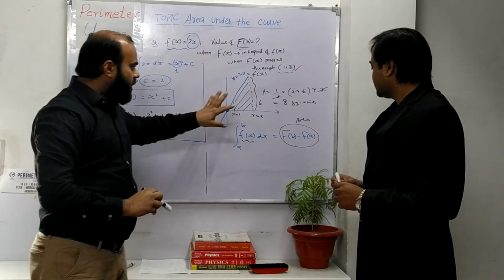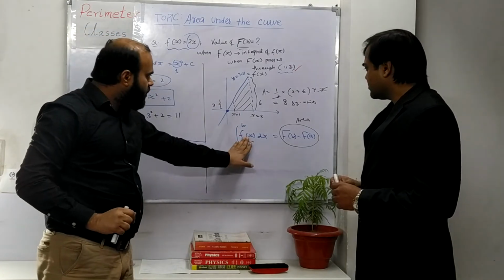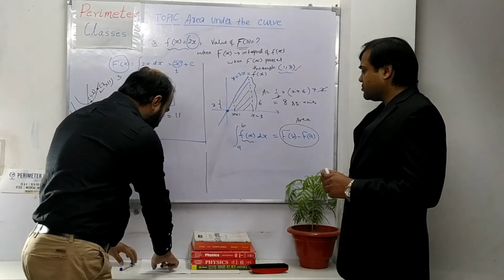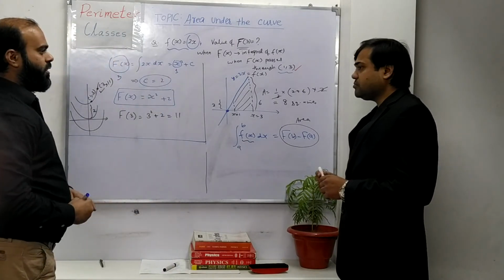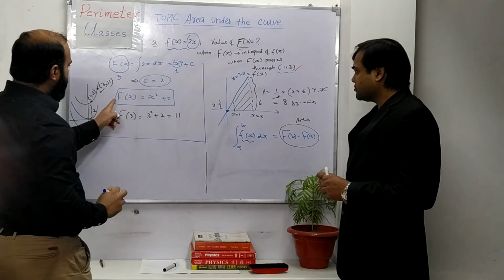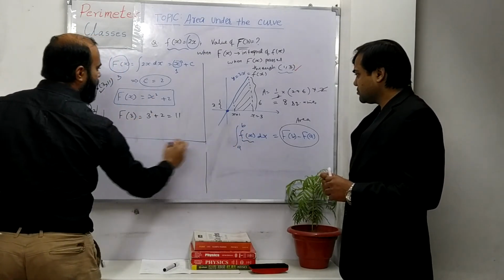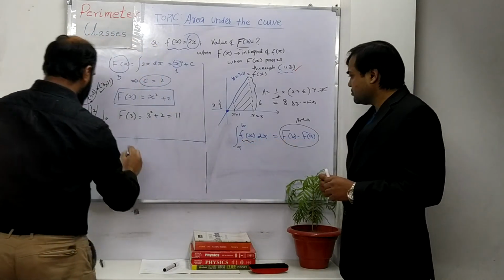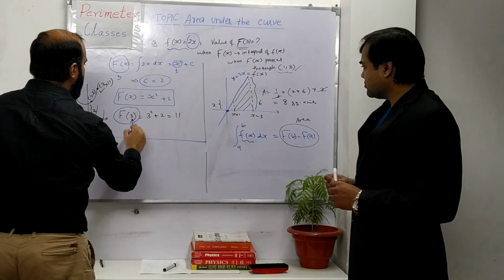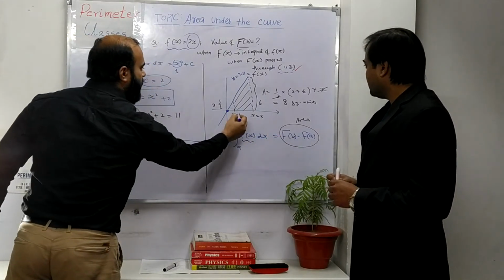So this 8 square units is also the integration of this function from a to b. You can easily verify this, because you have already integrated this and seen the function, and you have also seen that when you put in the upper limit and lower limit, the upper limit is 3, so you put F(3), and the lower limit is a, which is 1 here.